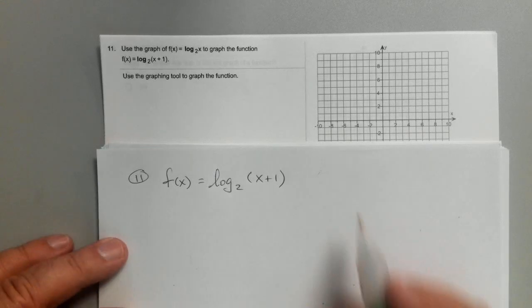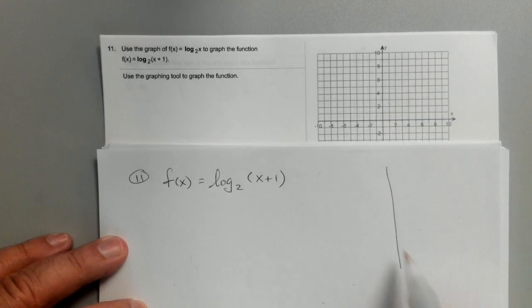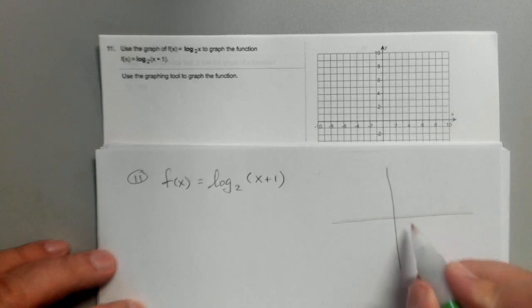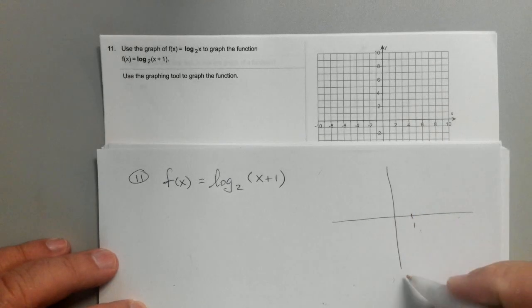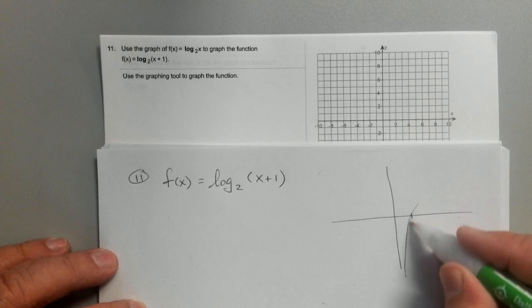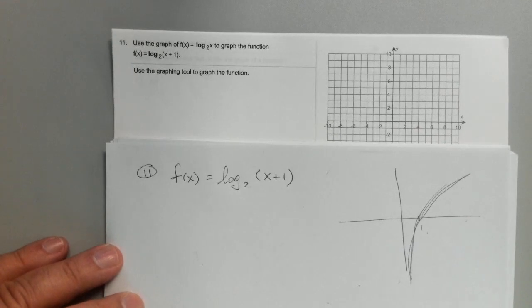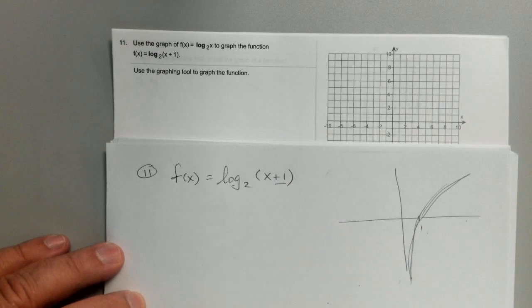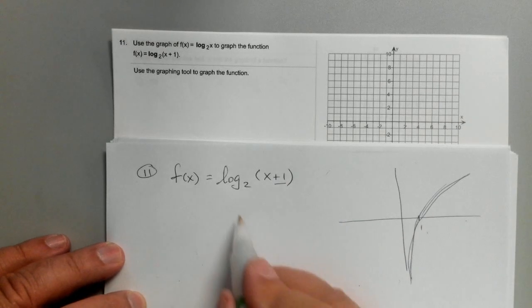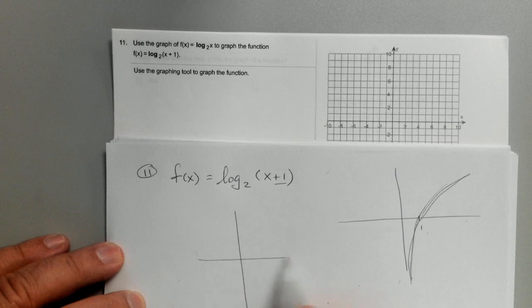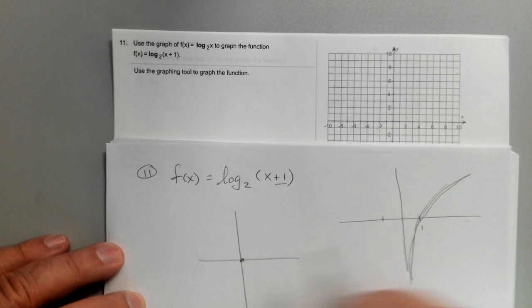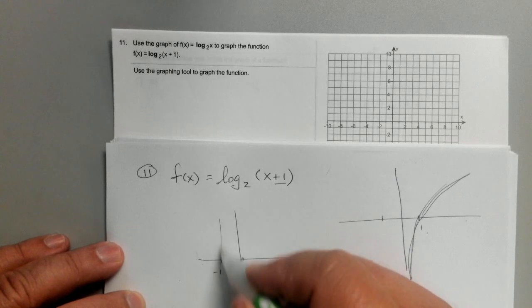Very good. So if we look at the original function, that's the logarithmic equation. If we shift it over one to the left, it now goes to there. So that means at -1, we have our asymptote.